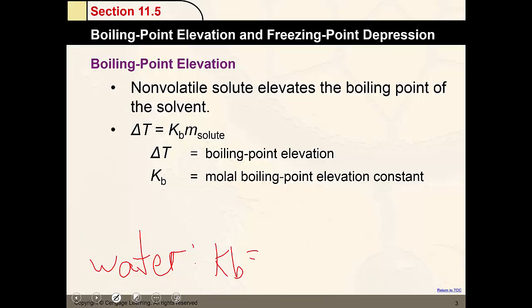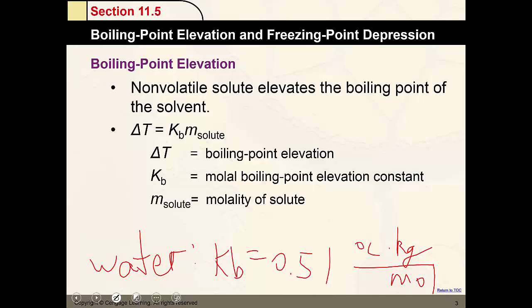Kb is 0.51 degrees Celsius times kilograms over moles. And then times molality, which remember is moles of solute over kilograms of solvent. So you'll notice these units should cancel, and you'll be left with units of degrees Celsius.